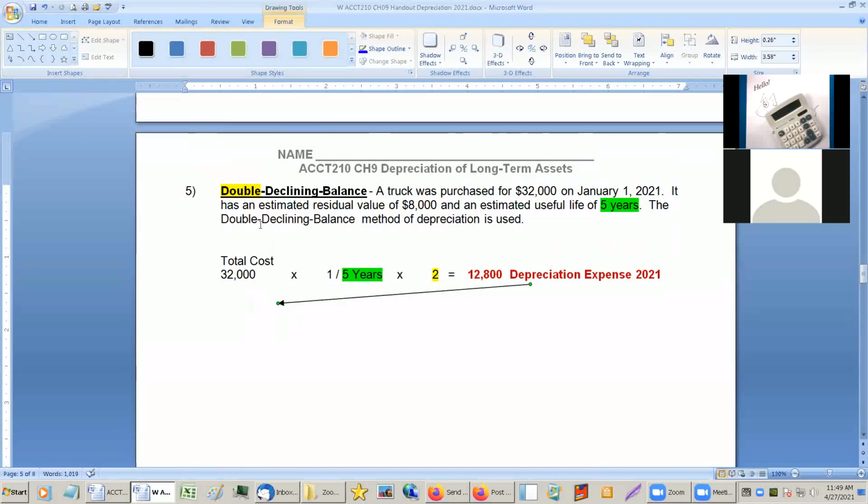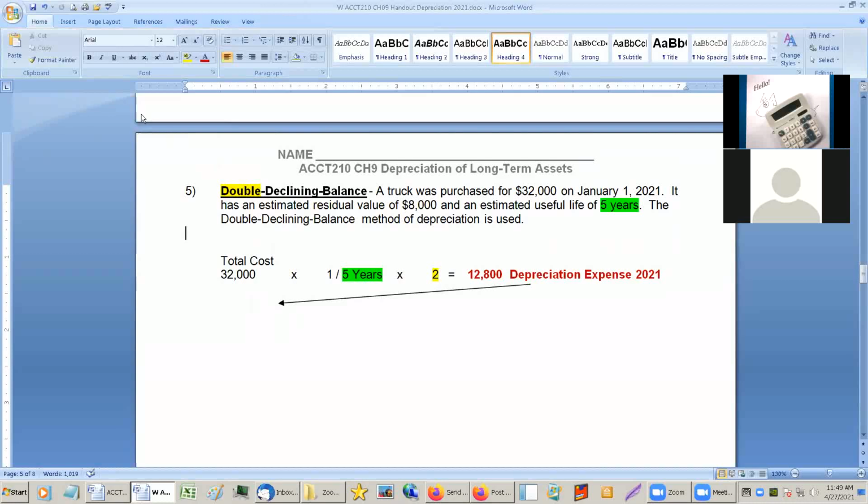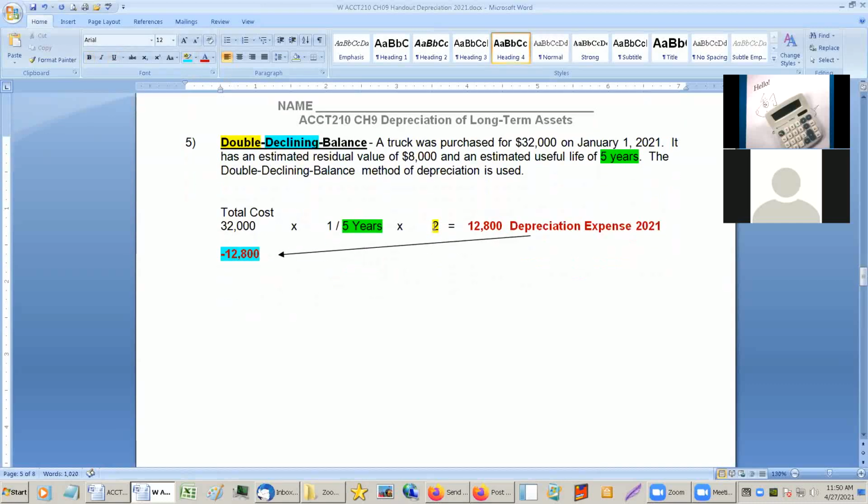We have to decline the balance by the depreciation expense for that year. So, there's a double, and here's a declining.